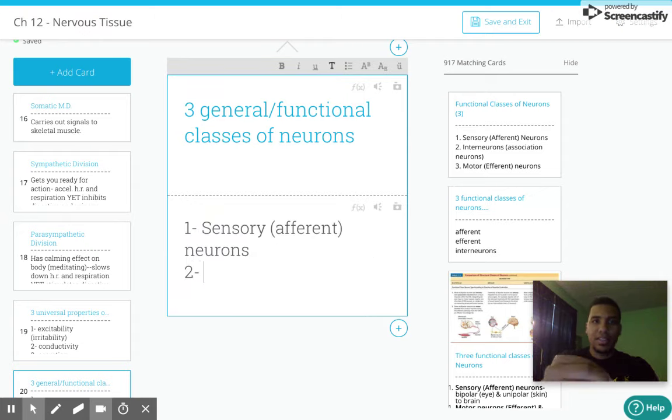These are the ones that sense. These are the ones that carry out step number 1, which is receiving the information. The second one, interneurons. This is step number 2.